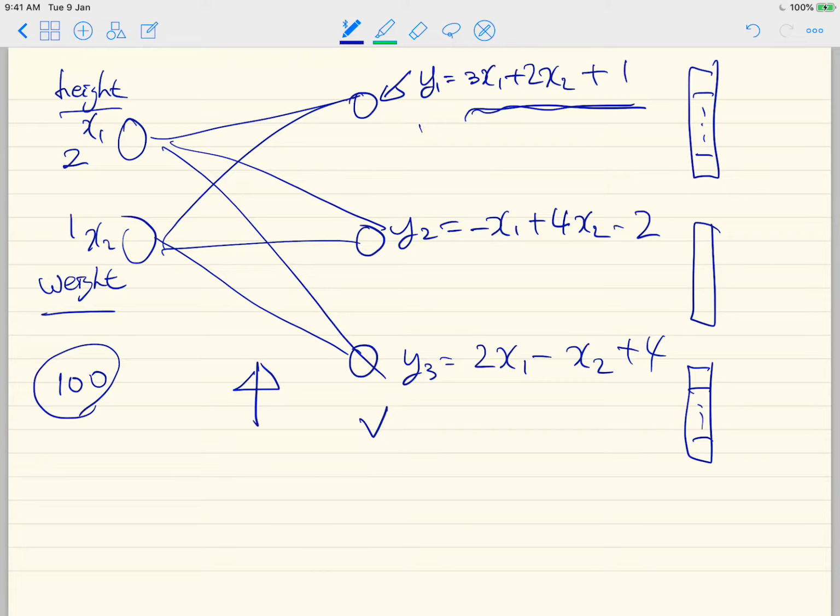Activation value, it is 6 plus 2 plus 1, so it will be 7. And then let's think of the second data item that has the input feature vector as 1 and negative 3, for example. Okay, so in this case we will have some activation value, right?